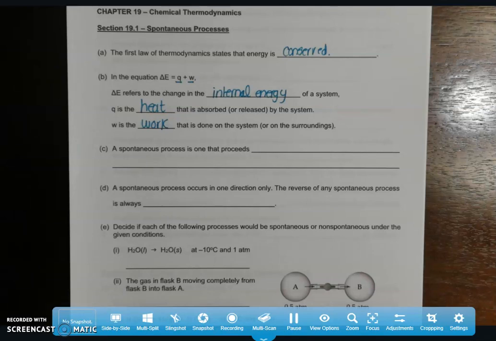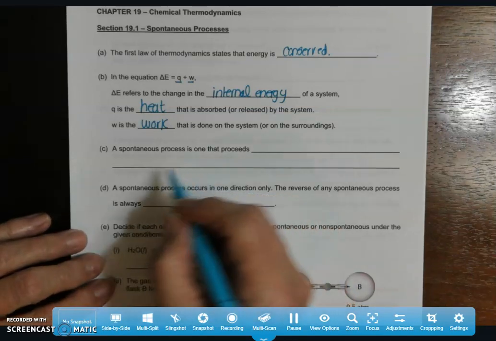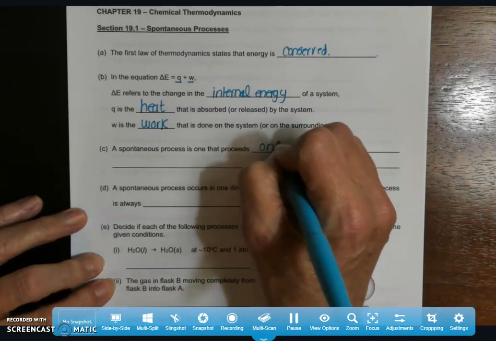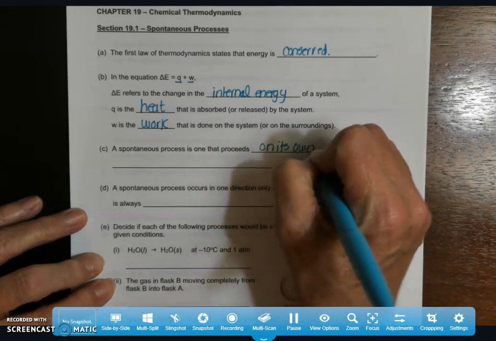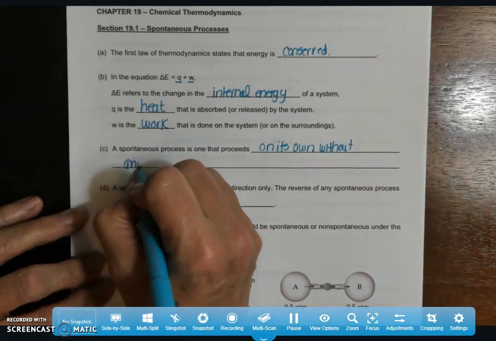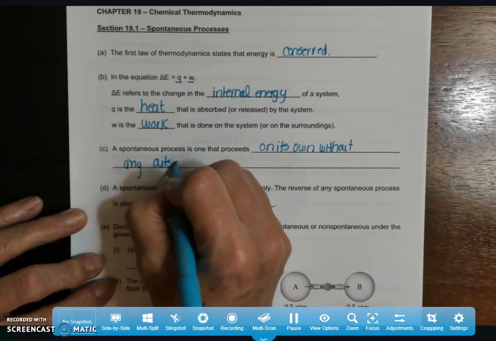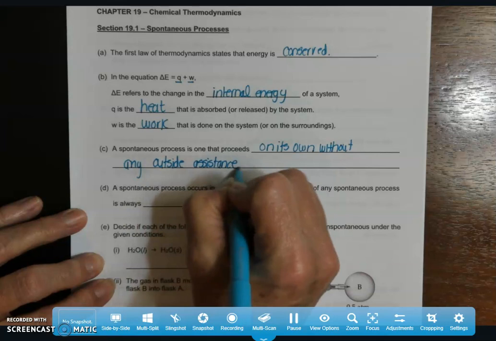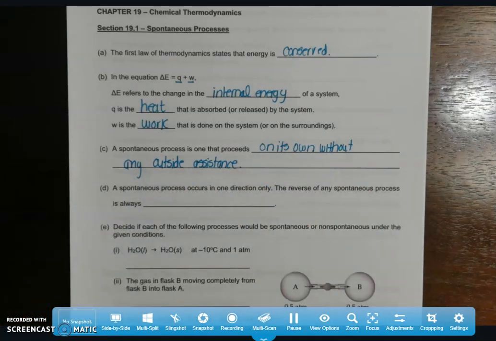Now, the way that is described in chemistry is spontaneity. So a spontaneous reaction is one that proceeds on its own without any outside assistance. So I'm not heating it, I'm not putting in an electric current, I'm not doing anything under the conditions that I'm studying.